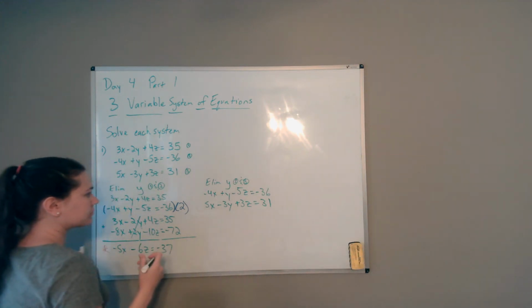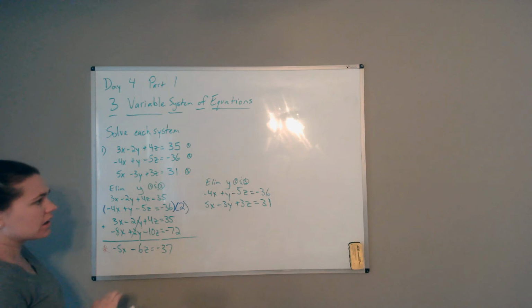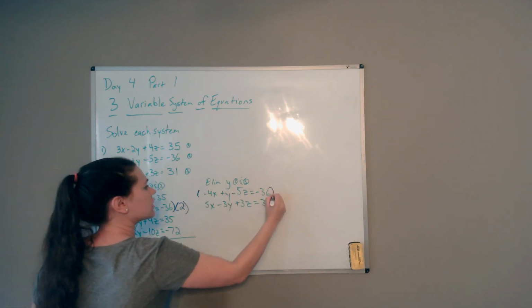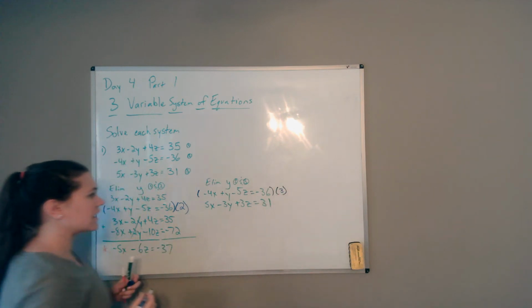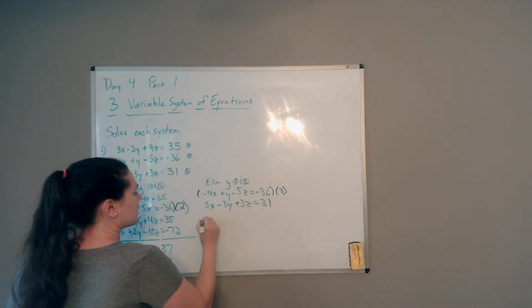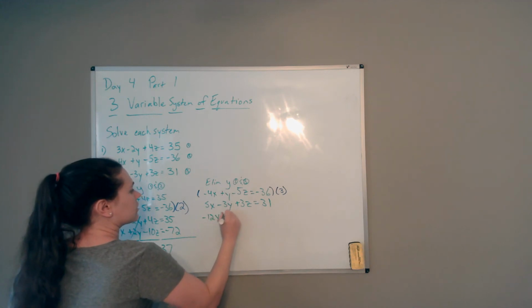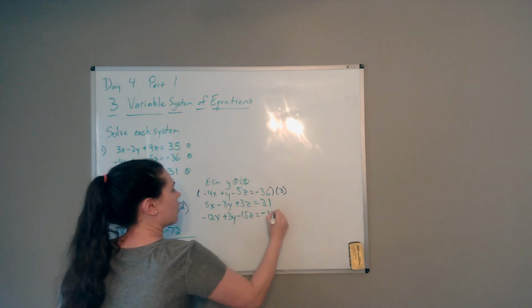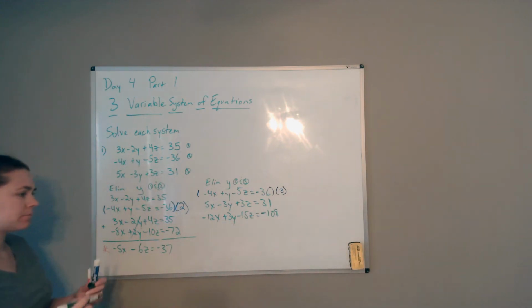So this is a system. We need to eliminate y, so I'm going to multiply the top equation by 3. And that'll eliminate y. So that's going to be negative 12x plus 3y minus 15z equals negative 108.